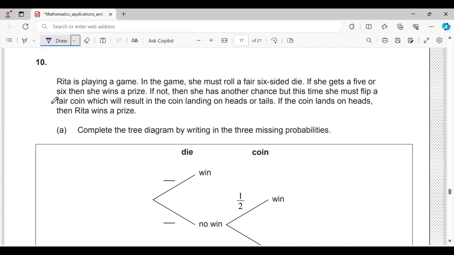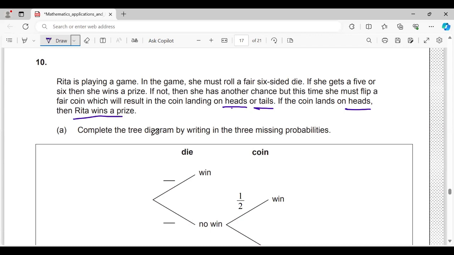If not, then she has another chance, but this time she must flip a fair coin, which will result in the coin landing on heads or tails. If the coin lands on heads, then Rita wins a prize.